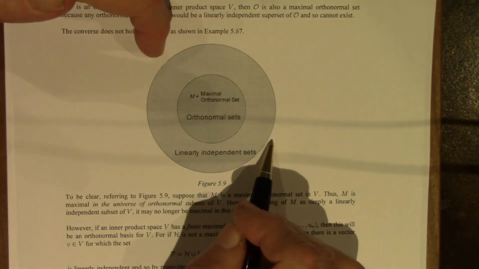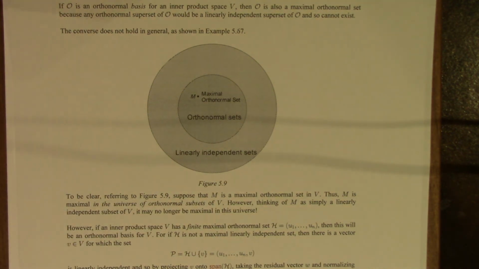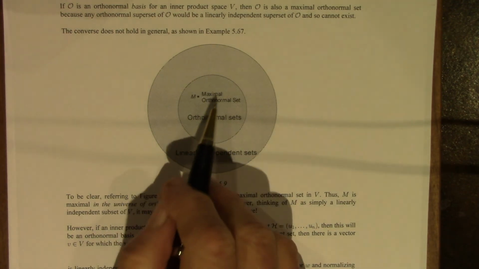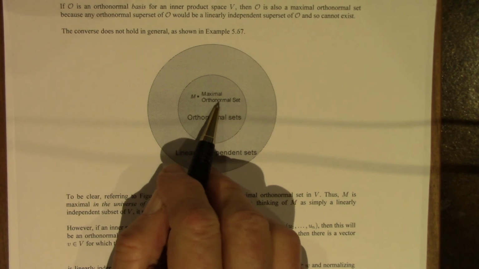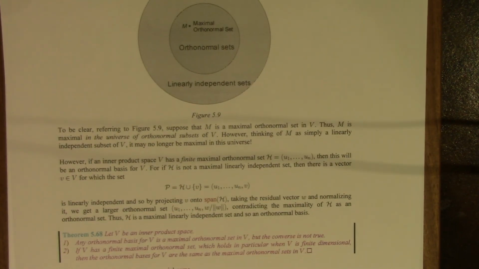If we enlarge the universe, we may lose maximality. Maximality is not an independent property. It's maximal with respect to some property. So maximal with respect to being orthonormal is not necessarily maximal with respect to being linearly independent. And we've seen an example where that's true. They're not the same.